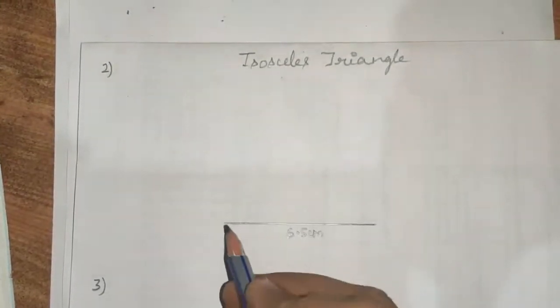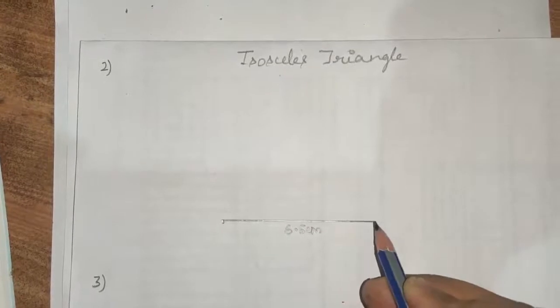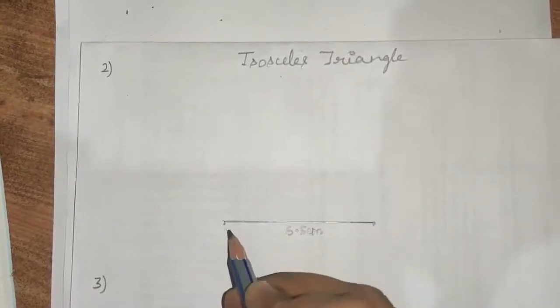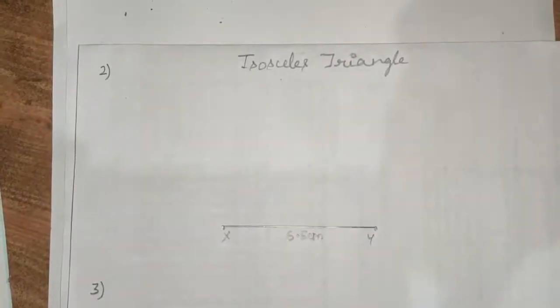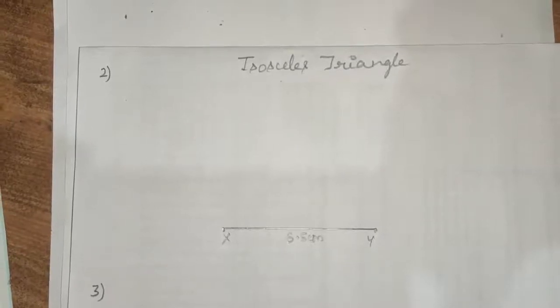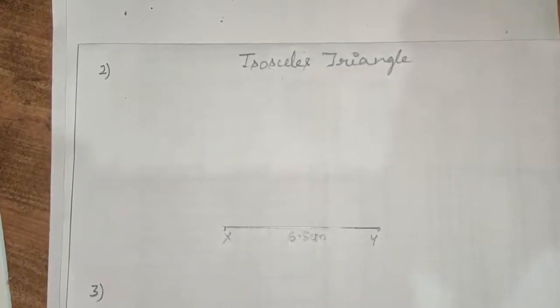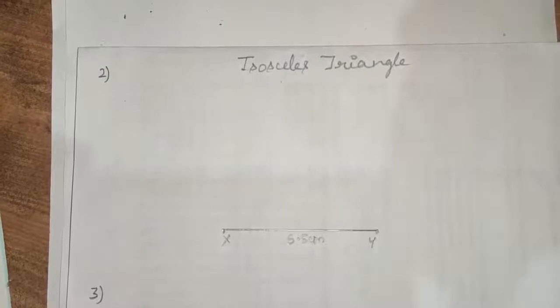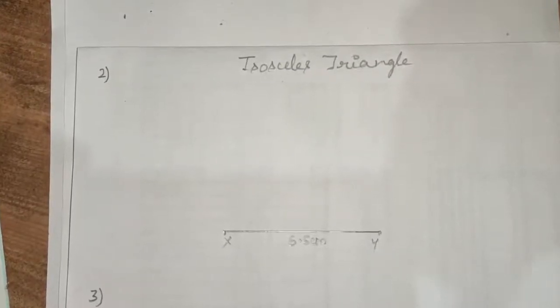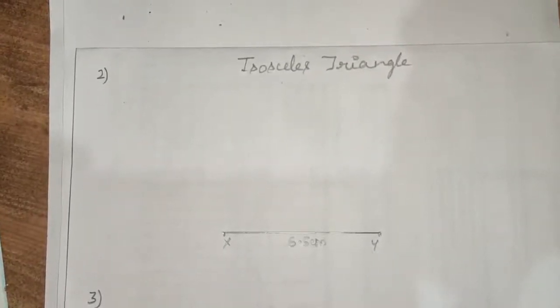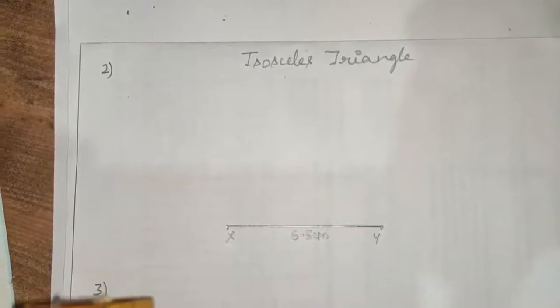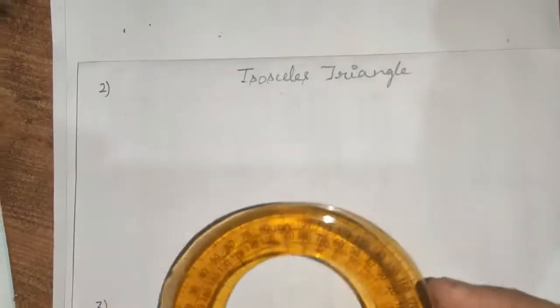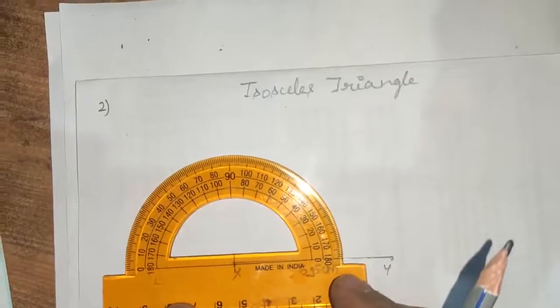Now these 2 points we can name X and Y. It is not given but we will take X and Y. Now on the point X we are required to draw an angle of 110 degree. 110 degree cannot be drawn using compass, so we will draw using protractor.